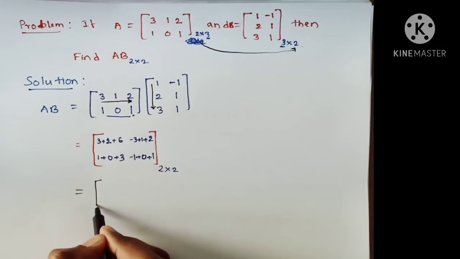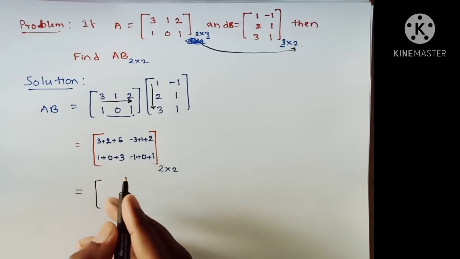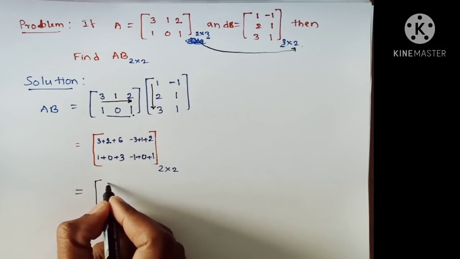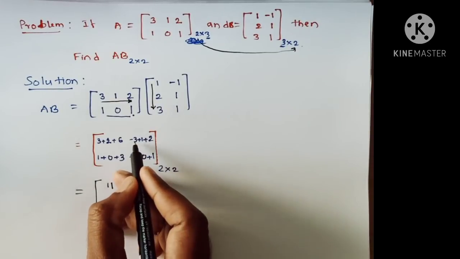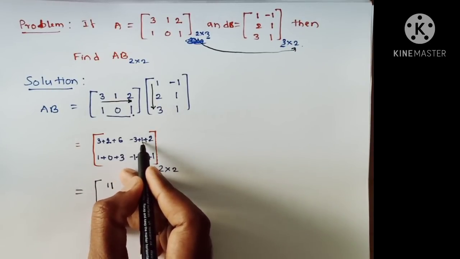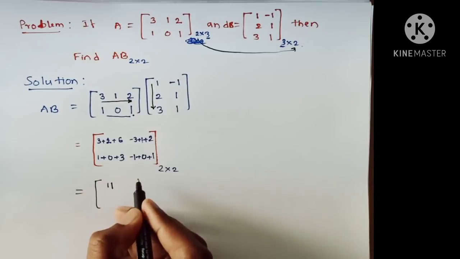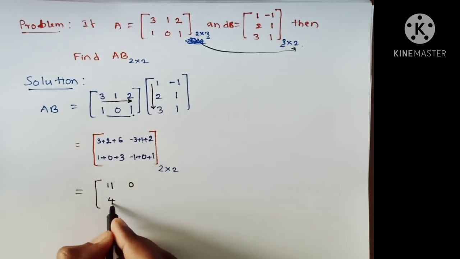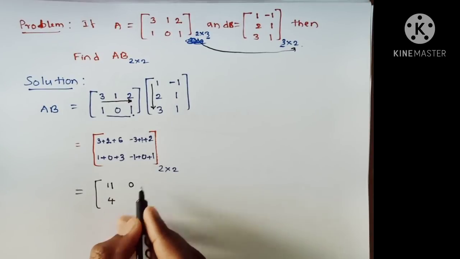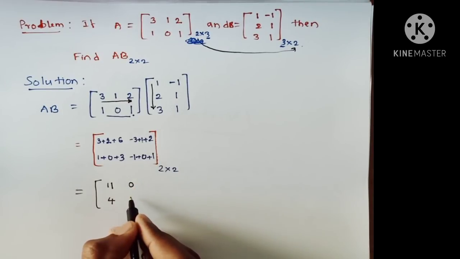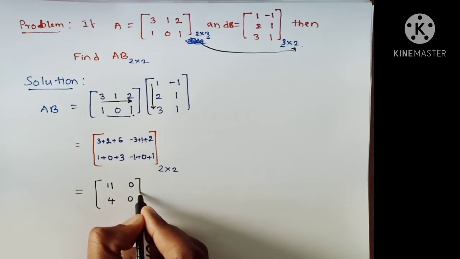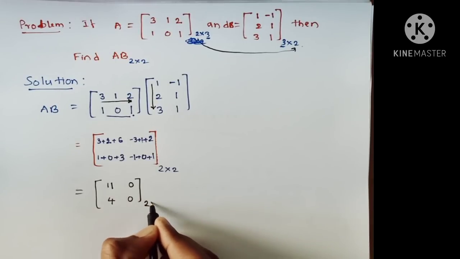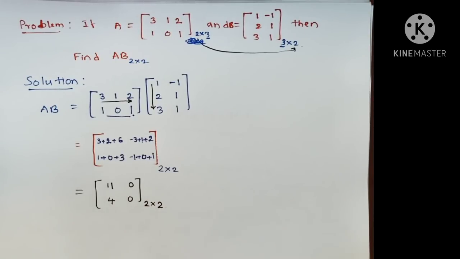Finally this is equal to 3 plus 2 plus 6, so it is 11, and minus 3 plus 1 minus 2 plus 2, so this is 0, and 1 plus 3 is 4, and minus 1 plus 0 plus 1 is 0. This is the resultant matrix of order 2 by 2.